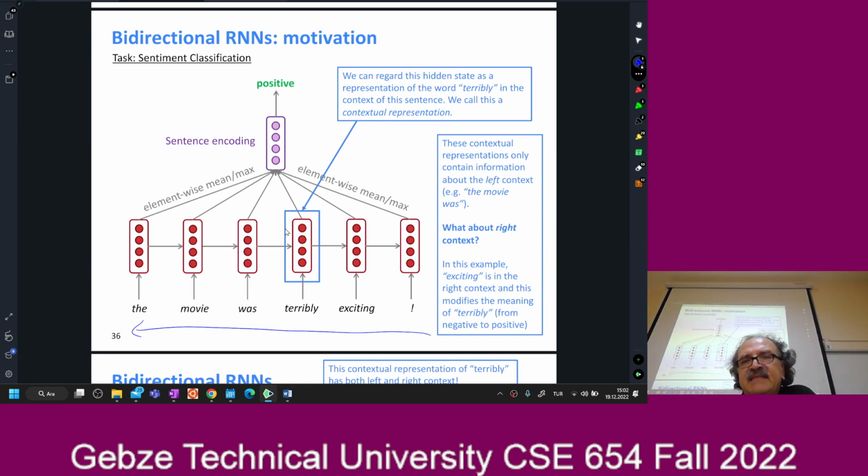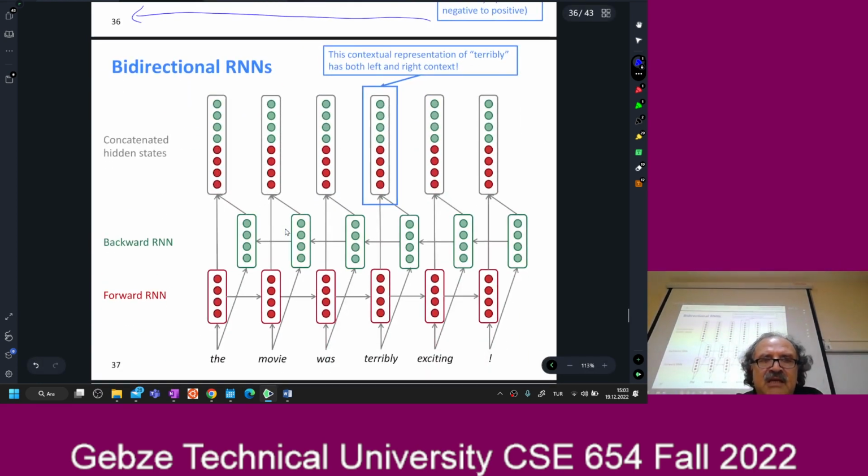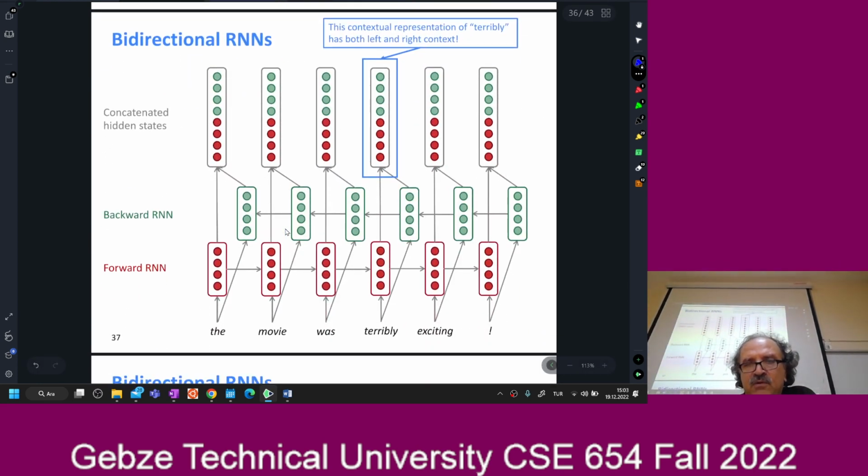But the thing is that my result is dependent on my order of taking the words in from the left to the right. So why am I using it in this direction? Why don't I use it the other direction? That's what the bidirectional RNNs do. Okay, two different networks. One is a forward network.